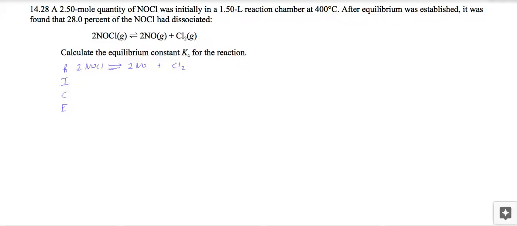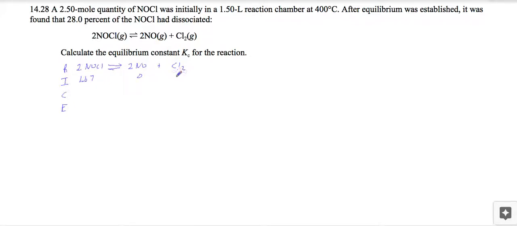Then we can plug in the values that we have. Notice that we have moles here, and so before we can plug in moles, we have to get concentrations. And the concentration that we need, well, the only one that we have is that first moles of the reactant. So we divide through, we end up with a concentration of 1.67.